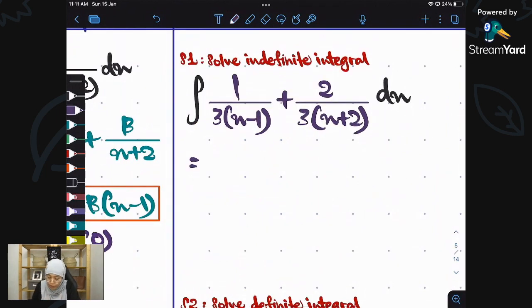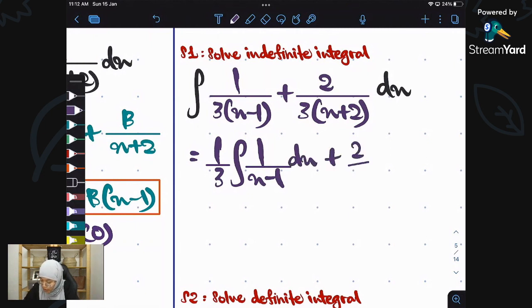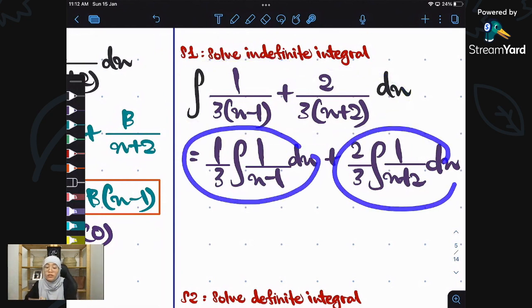So now what we should do first is we bring 1/3. We will get inside here is integral of 1/x minus 1 dx plus with 2/3 integral 1/x plus 2 dx. So from this one integral, I separate it into 2 integrals, okay?